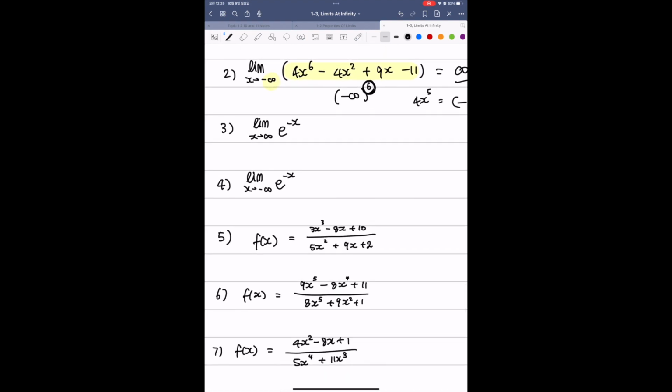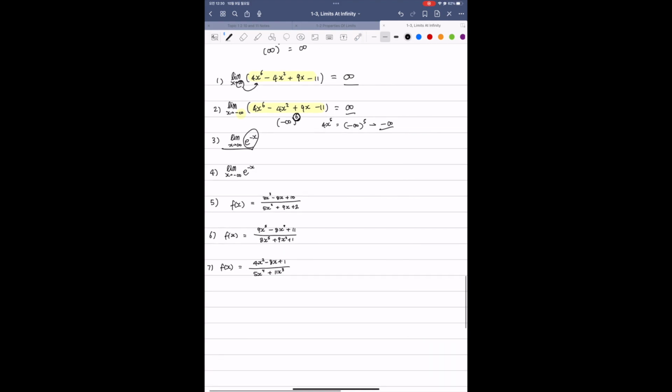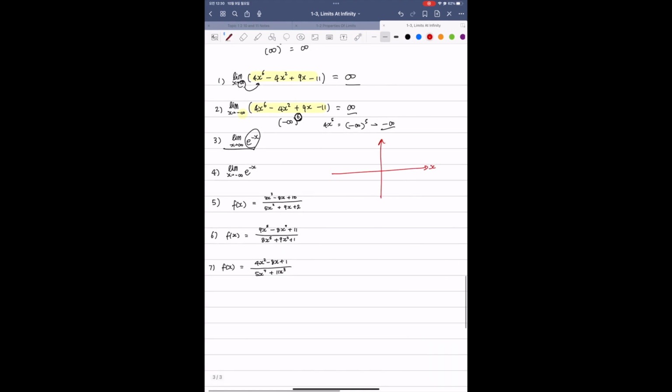Number 3. Limit as x goes towards infinity of the function e to the negative x power. To answer this, you have to know what this function's graph looks like. It looks like this. There's x and then y, and then it looks like this.